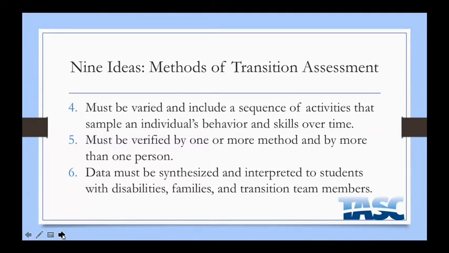Methods must be varied and include a sequence of activities that sample an individual's behavior and skills over time. Data must be verified by one or more methods and by one or more persons. Remember how I said it was important for the student to verify the information.